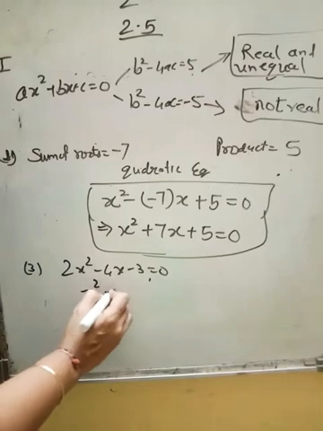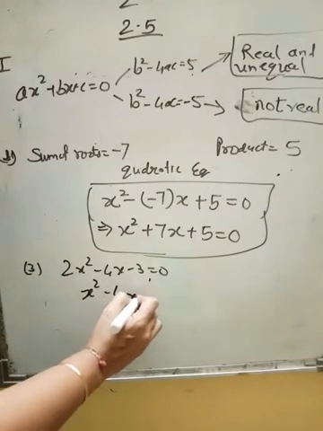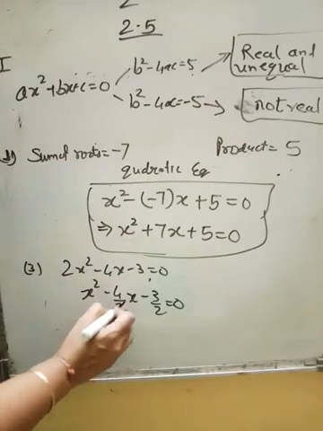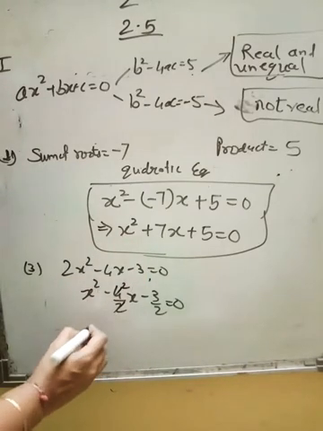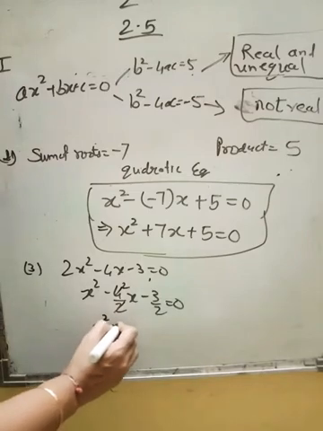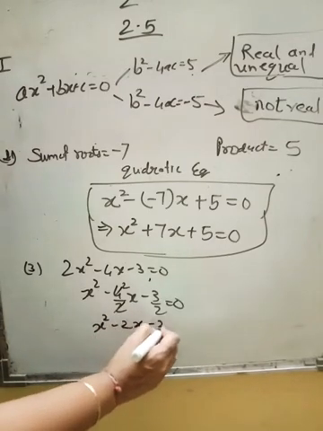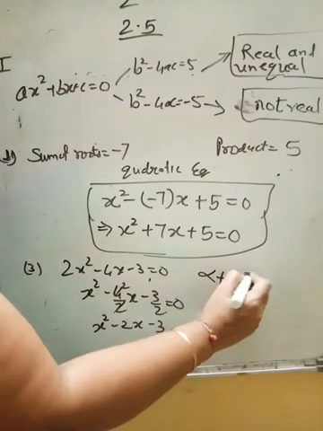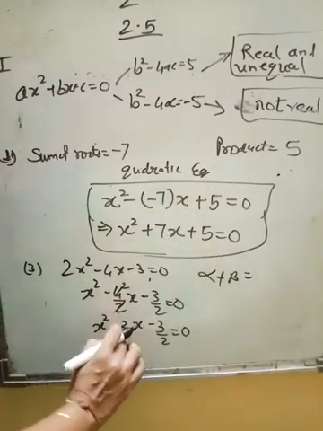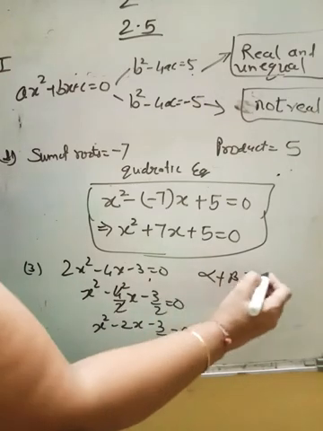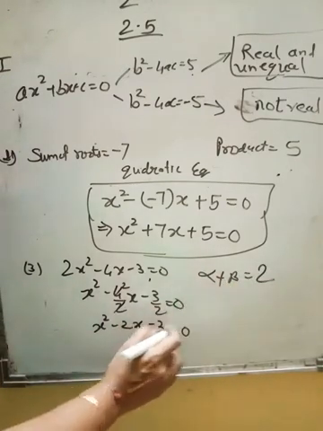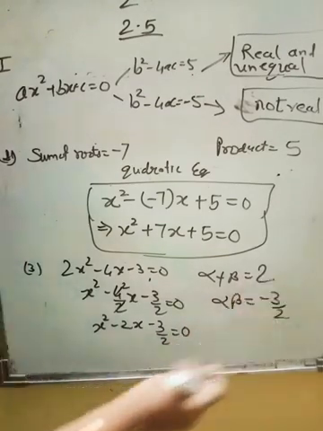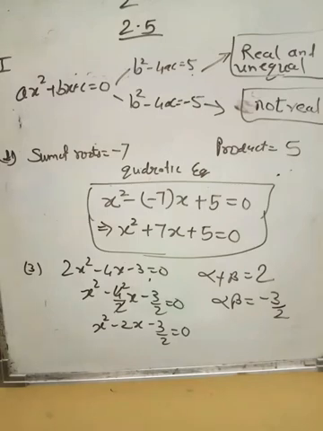So x square minus 4 upon 2x minus 3 upon 2 equal to 0. I want x square, so this 2 cancels. So x square minus 2x minus 3 upon 2 equal to 0. So what will be alpha plus beta? Minus b, right, so alpha plus beta will be 2 and the product alpha into beta will be minus 3 upon 2. So it is not that difficult, so we have done it.